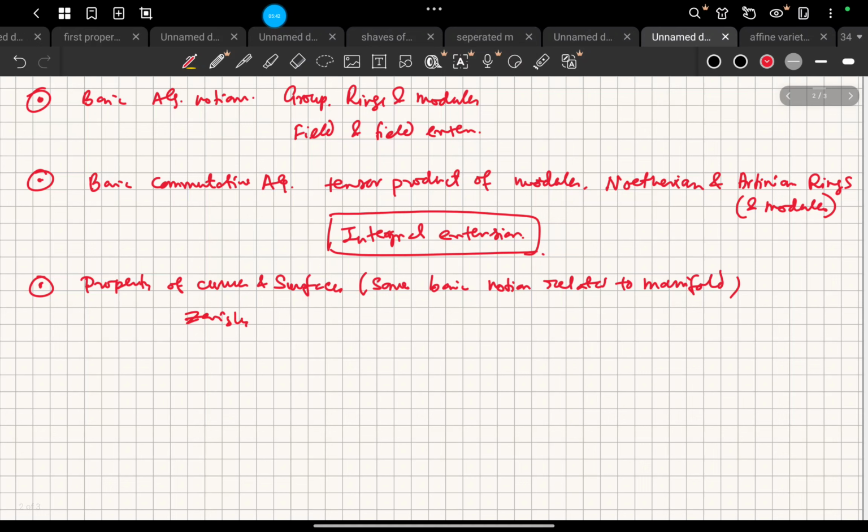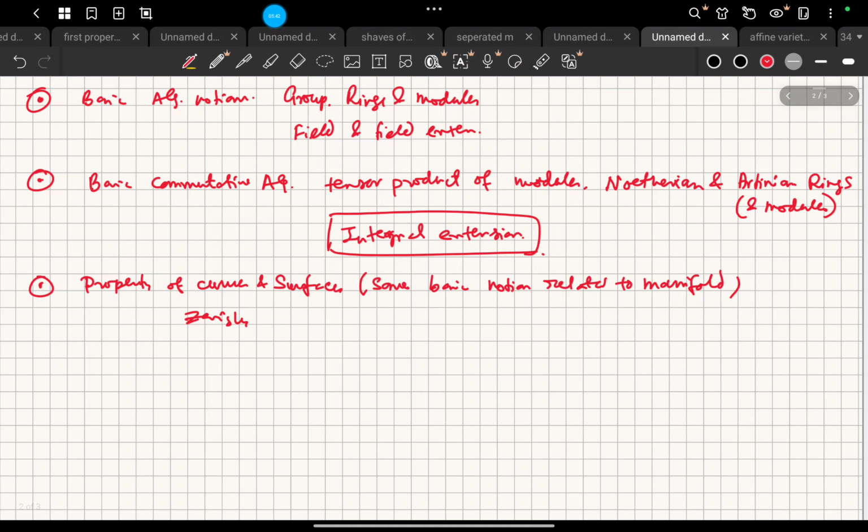So there we need the basic property of tangent space to be induced from the definition of manifold. Right. So all these three are prerequisites.